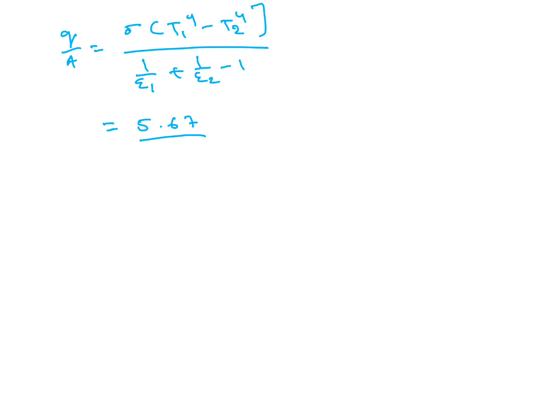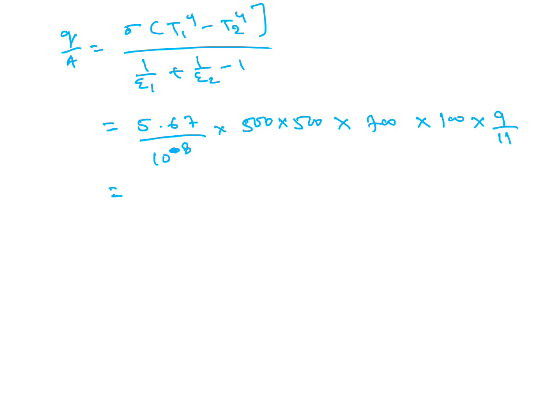Q by A is sigma (T1 to the power 4 minus T2 to the power 4) divided by 11 by 9. So 5.67 into 10 to the power minus 8 into 500 square into 500 square into 700 into 100 divided by 11 by 9, so it's 9 by 11.